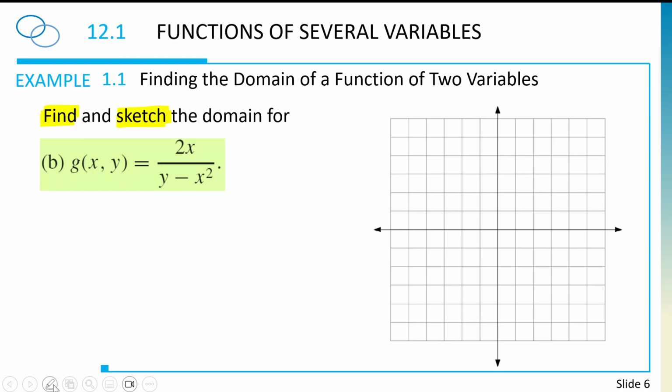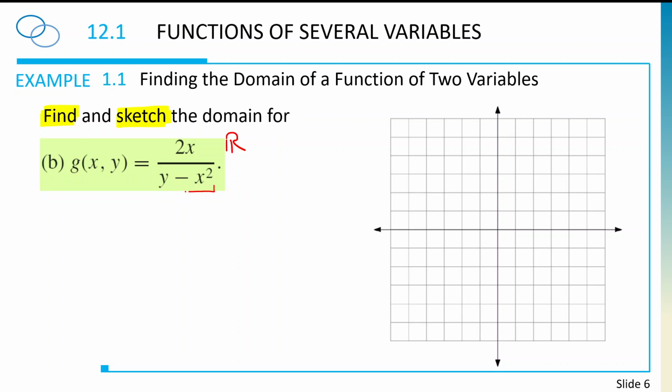This one. g of x, y equals 2x over y minus x squared. If I look at the numerator, this is basically a polynomial. It's defined everywhere for all real numbers, no issues. Now down, it's still y minus x squared, which is defined everywhere. But the only issue here is that it's located where? In the denominator.